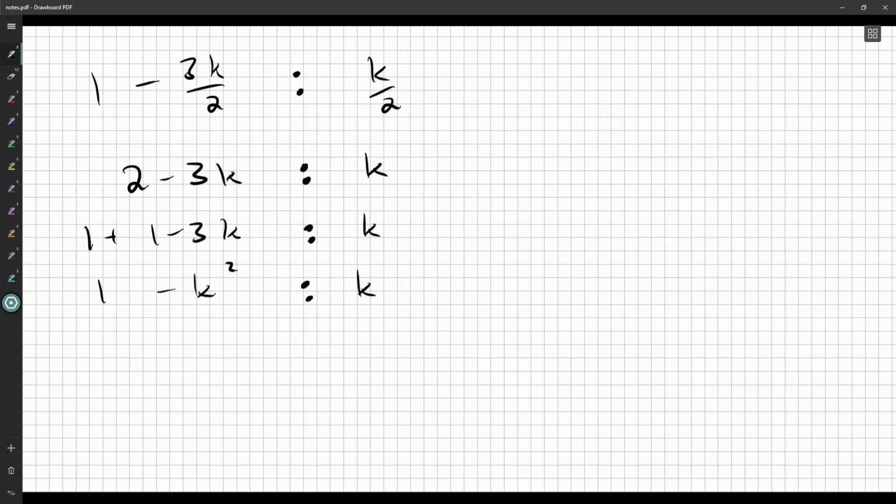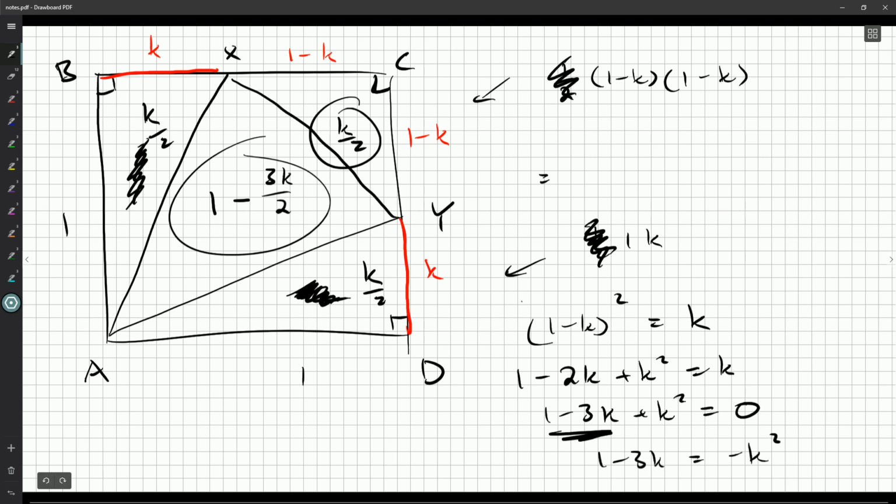And now I'm not entirely sure where to go with this, actually. I suppose we could try and express K with the quadratic formula, but I really don't think that's going to end up being the best thing for us to do.